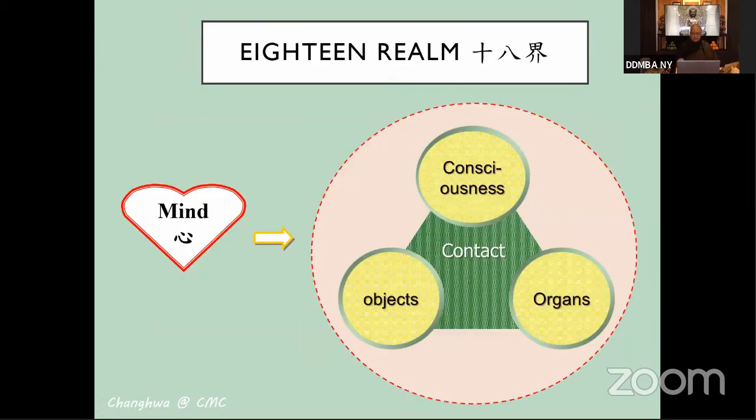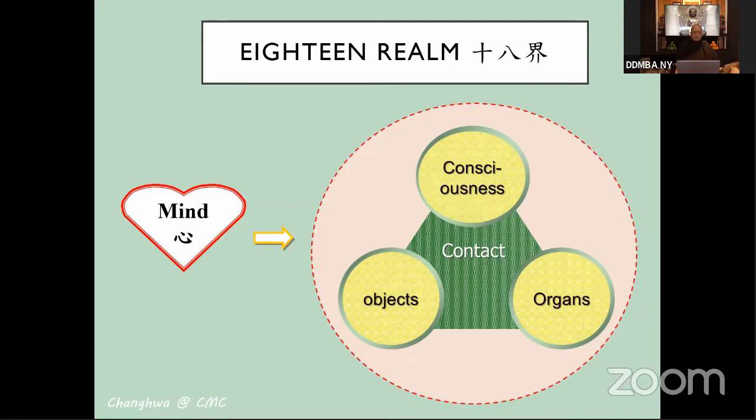Overall, Buddhism usually uses 18 realms to describe our existence, including our mind, our body, and our environment.